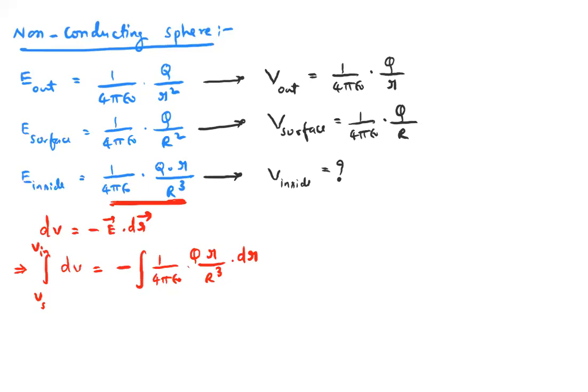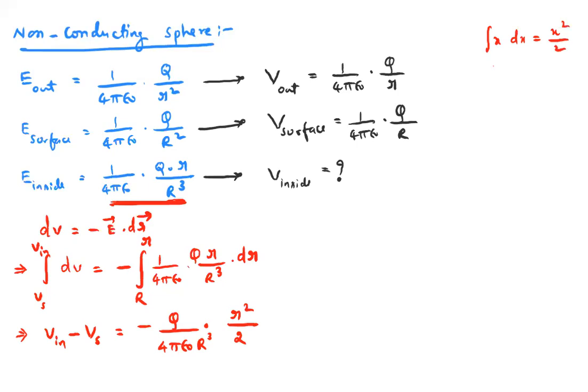Then let's integrate. After integration, the left side term is V inside minus V on surface, equal to minus Q by 4 pi epsilon naught R cube into r square by 2, integrated with limits capital R to small r. Here the integral of x dx is x square by 2. Our general formula is the integral of x power n dx is x power n plus 1 by n plus 1.